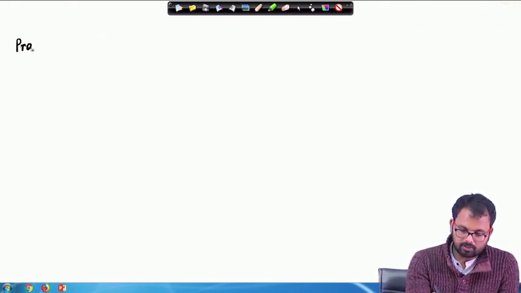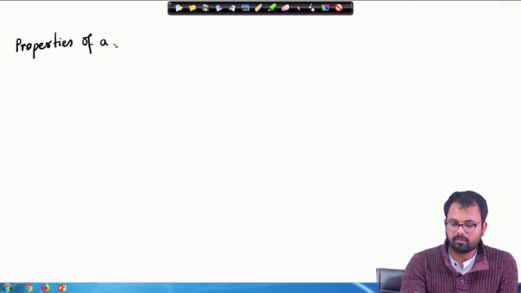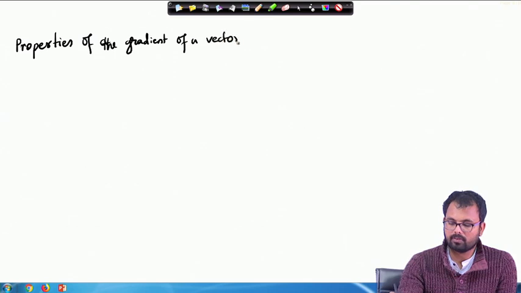So, properties of the gradient of a vector function. What are the properties?